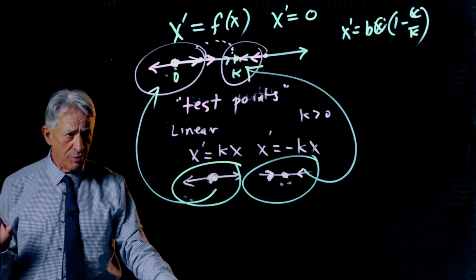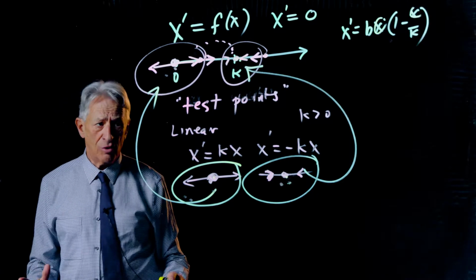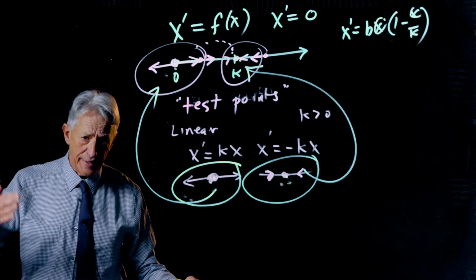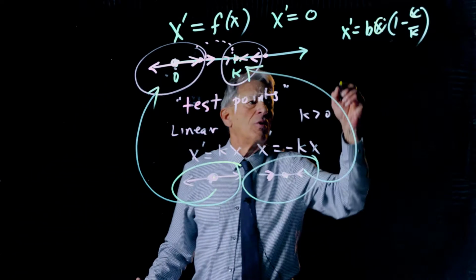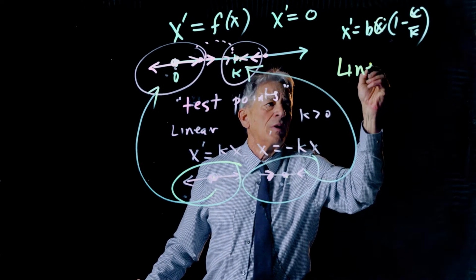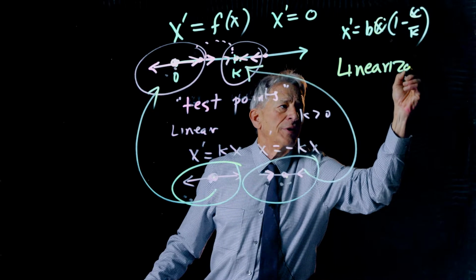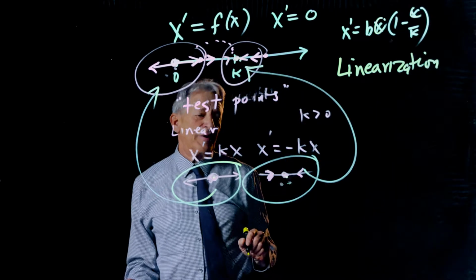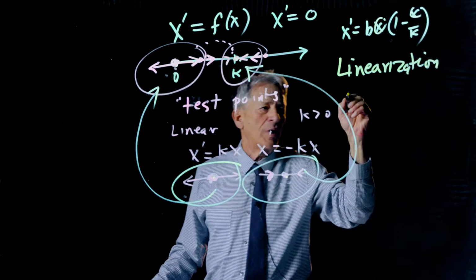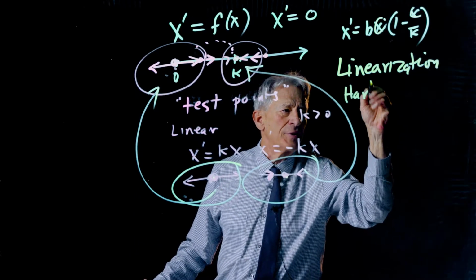This is an example of a very general principle which you will see again and again. It's called the principle of linearization. It even has a fancy name if you absolutely insist.